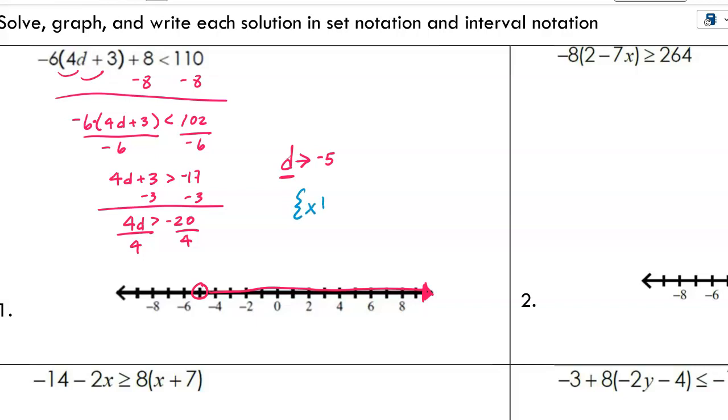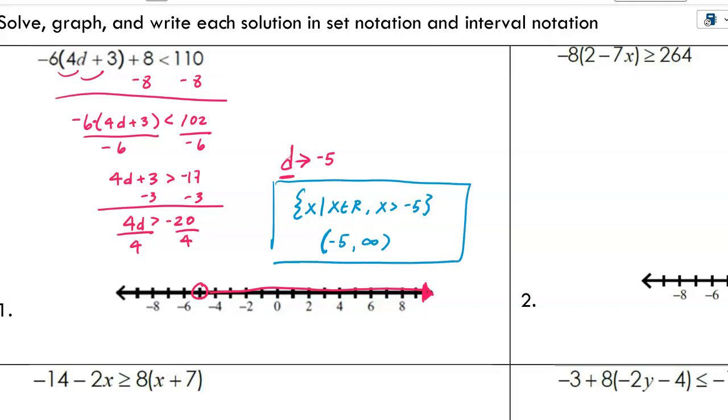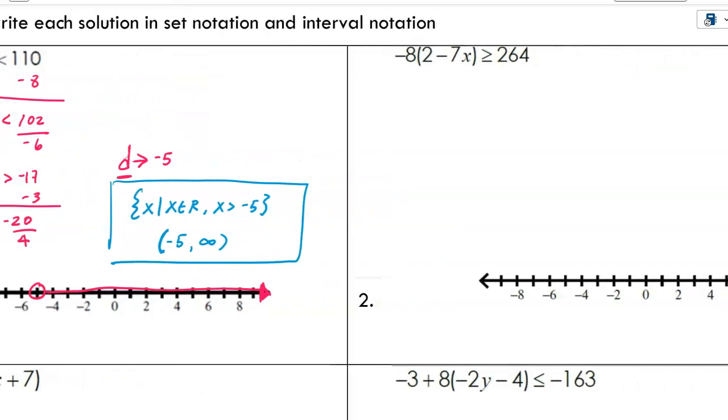That is going to be x such that x is an element of all real numbers and x is greater than -5. In interval notation, it's going to start at -5 but does not include -5, therefore the parentheses, and the inequality goes to infinity. Okay, good job guys.